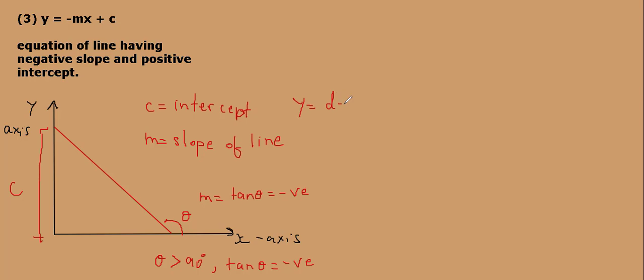Y is the dependent variable and X is the independent variable. If the value of X is changing, similarly the value of Y will change accordingly, because the value of Y depends on the value of X. So hence we can say X is an independent variable here.